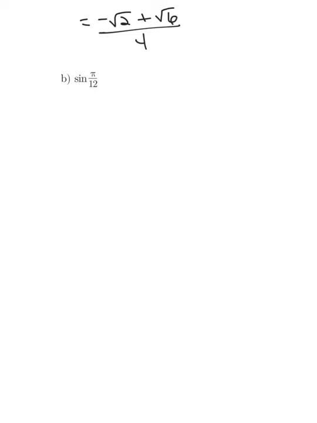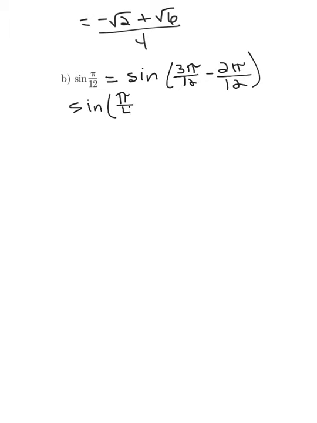So I am going to rewrite this as the sine of 3 pi over 12 minus 2 pi over 12. Now, putting it in the simpler form, it would be pi over 4 minus pi over 6. And those are angles on our unit circle.